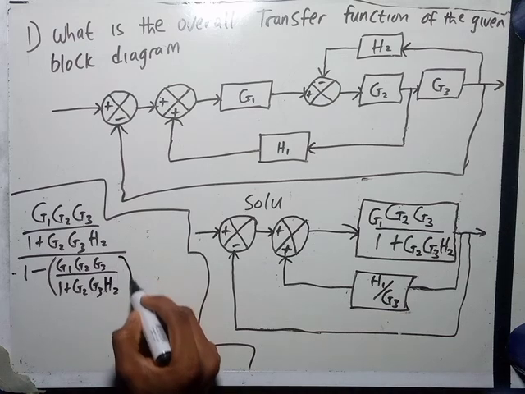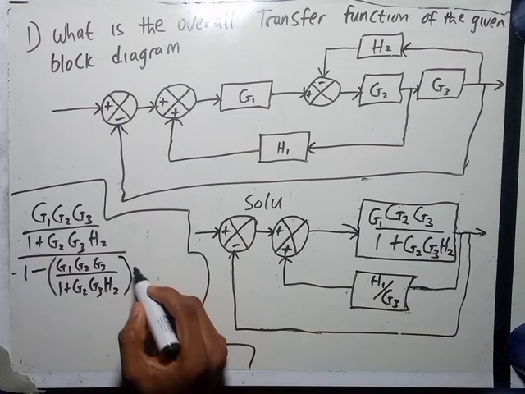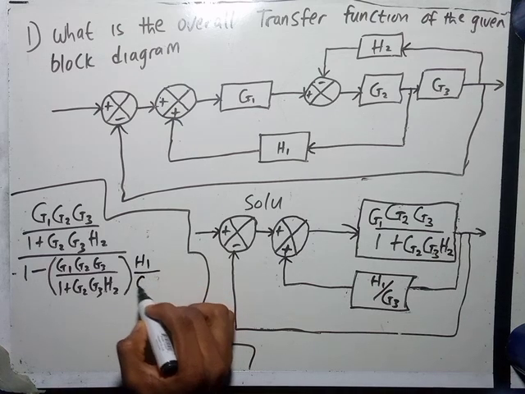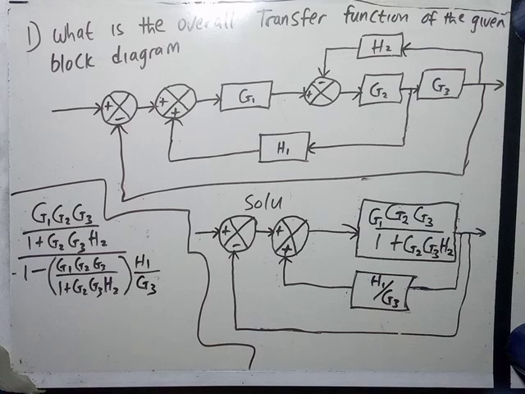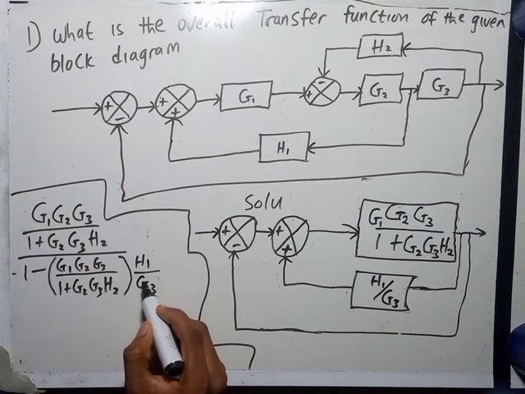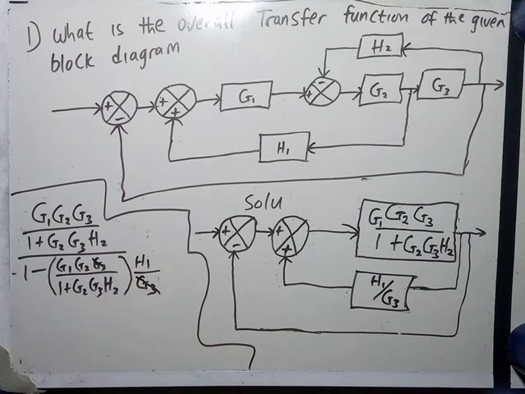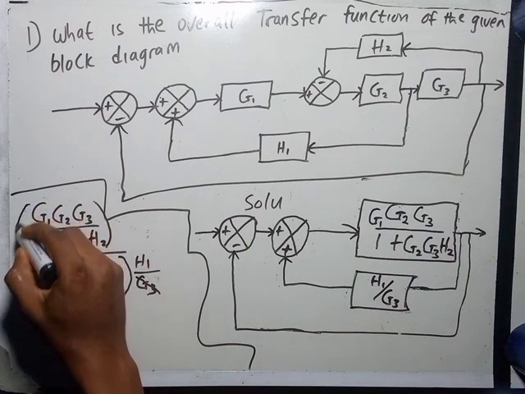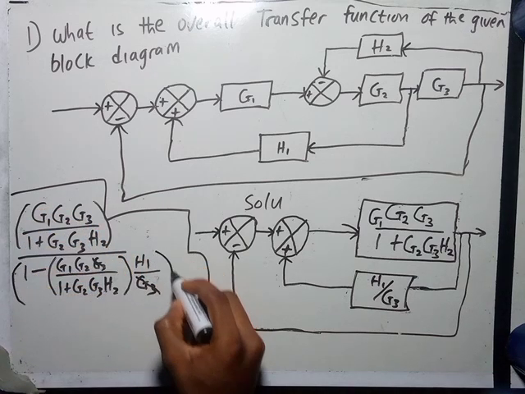Does this multiply by this guy, which is what? H1 over G3. These two are multiplying, meaning that this guy can cancel out this guy. So if we do that, we can also find the general LCM of this whole expression. This is the numerator, and this is the denominator.